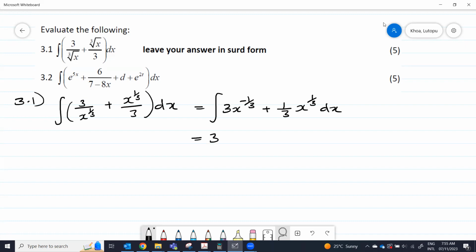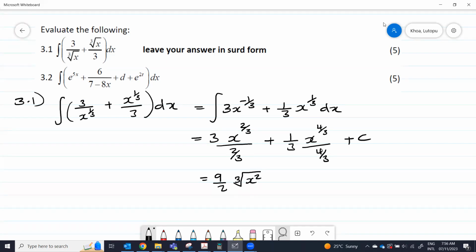So this is 3x to the power of, at the top I add 1, so I get 2 over 3, and then I divide by 2 over 3. Then I have 1 over 3 x to the power of 4 over 3 divided by 4 over 3, and then don't forget your constant of integration. So I'd say leave your answer in surd form. So this 3 divided by 2 over 3 is 9 over 2, and then this is the cube root of x squared.